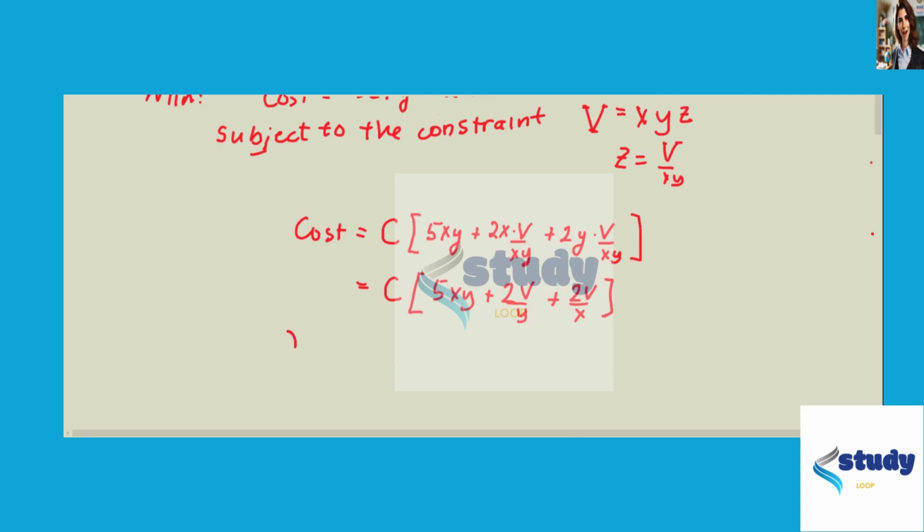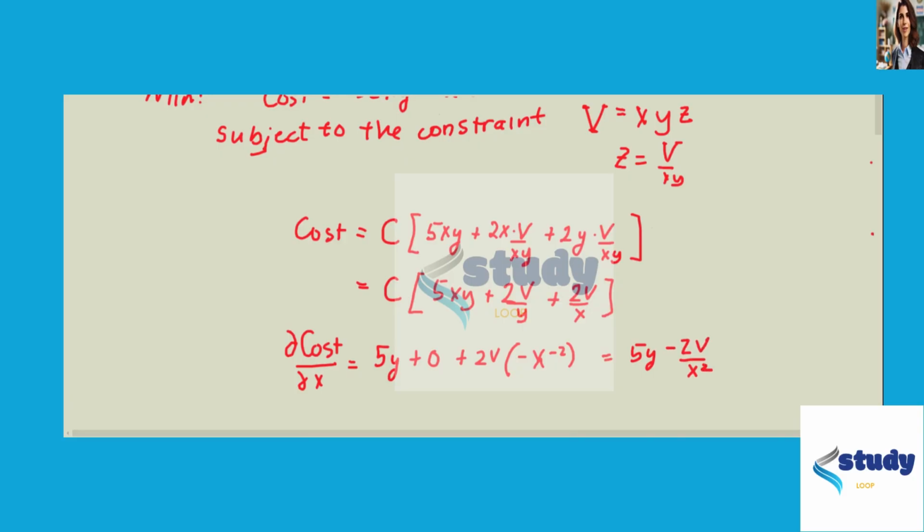Okay, so the partial of the cost with respect to X, 5Y plus, okay, the middle one has no X, so plus 0, plus 2V times minus 1, X to the minus 2. Okay, so 5Y minus 2V over X squared.